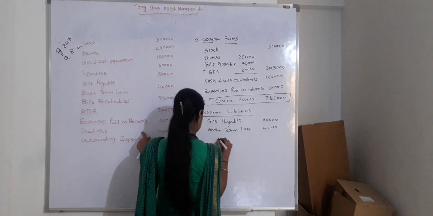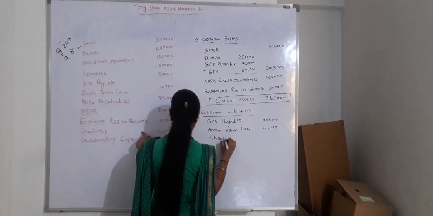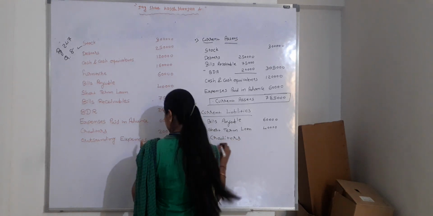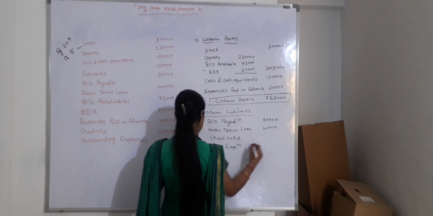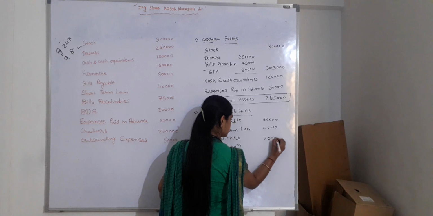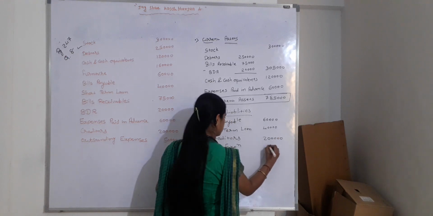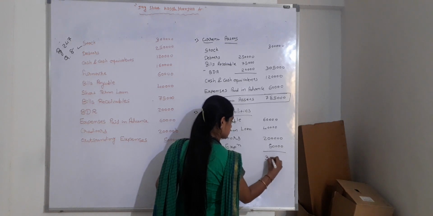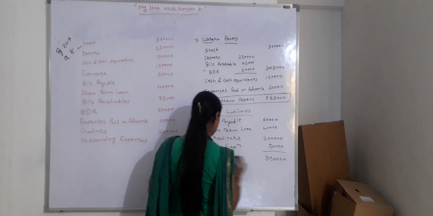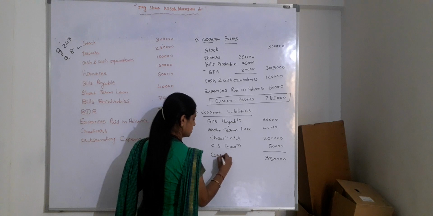Then creditors and outstanding expenses 2 lakh and 50,000. Answer is 3,50,000. That is our current liability.